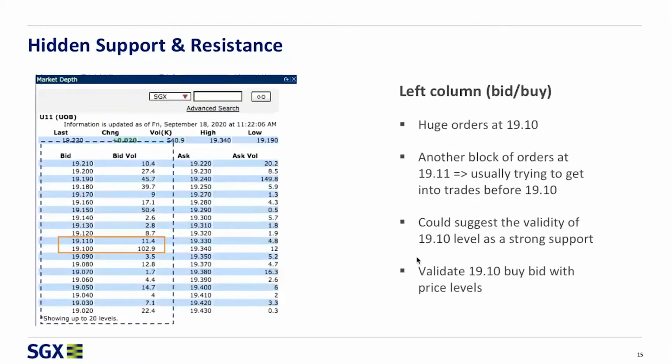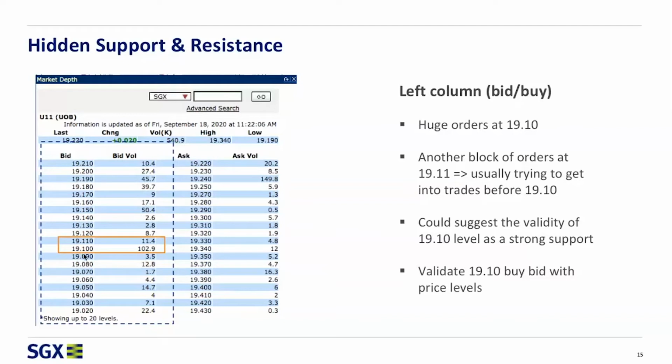Now let's take a look at the market depth information here. I have last Friday's information from UOB. If you take a look at the bid side, the highlighted rectangle here, you realize that the bid volume has always been double digit, sometimes single digit, but at a particular price suddenly there seems to be a much larger volume, and we can see that at 1910.